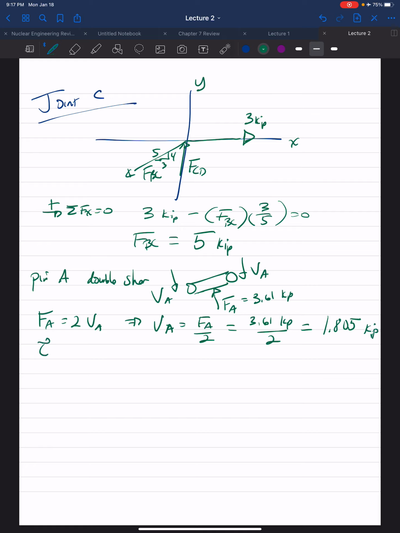So then my allowable shear stress at A was given as 6 KSI, and they want a diameter. So let's set our equation up. This is VA over the area.